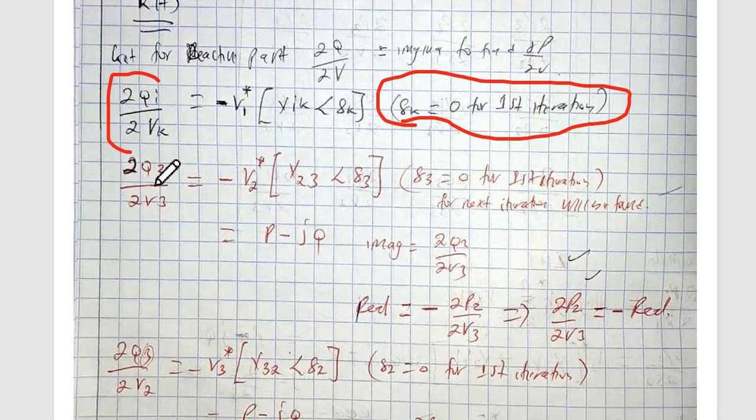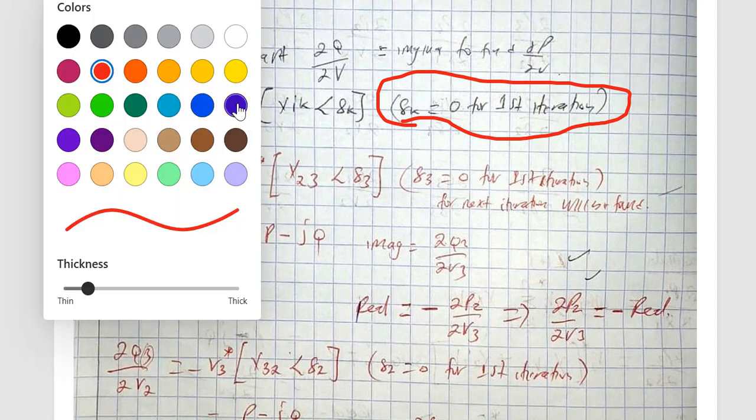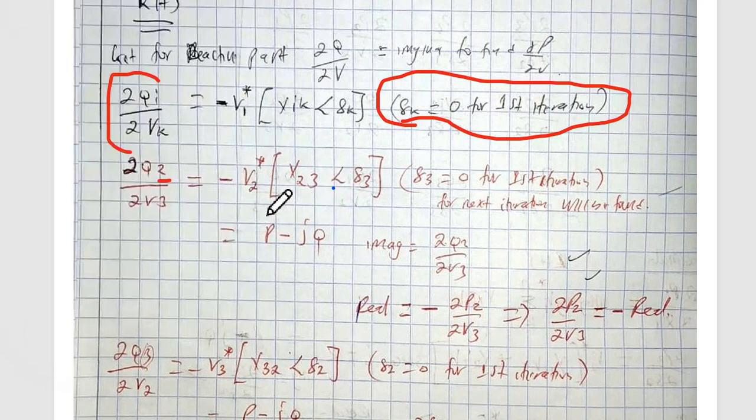For example, if you're to get partial q2 partial v3, then these two are the guide. So you will have negative v2 conjugate, 2 is here, into y23, 2 is here, 3 is here, y23 angle del 3.